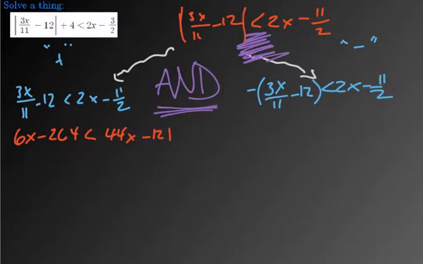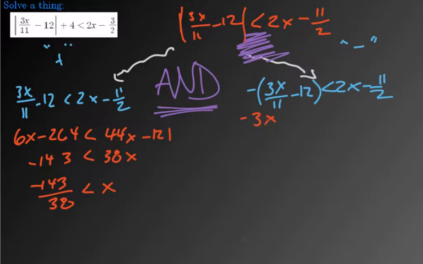I'm going to combine like terms, move the number over to the left, and then move the x's over to the right. And then just divide. So we get x is bigger than negative 143 over 38, which might be able to reduce, but who cares? And then over here, I might want to just distribute and then do the same thing, multiply by 22, just get rid of the fractions.